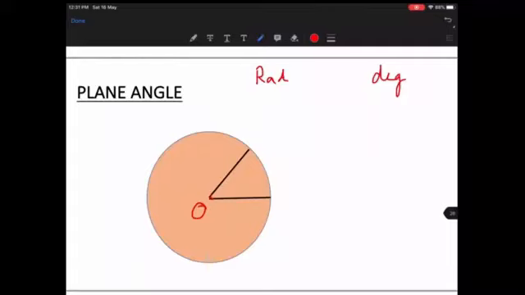Now this angle will be 1 radian only when one arm and this arc are of the same length. For example, let's say we take a radius here.